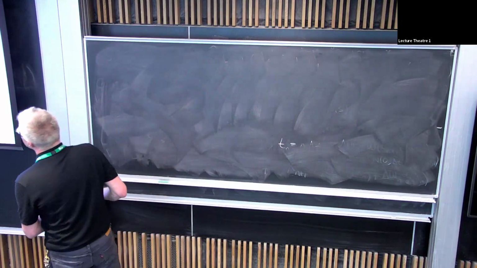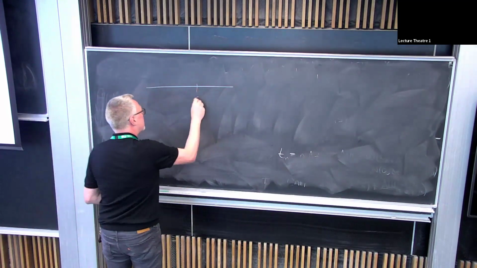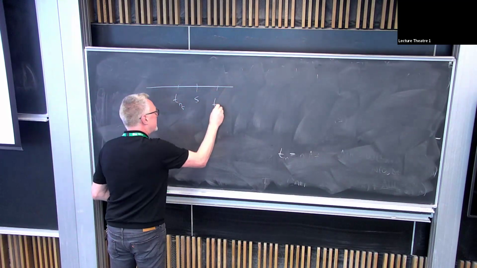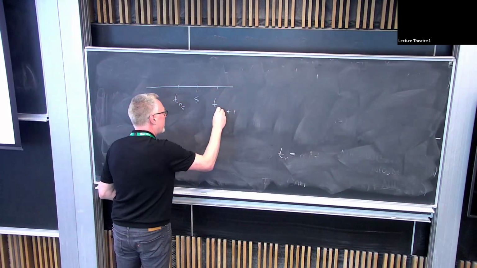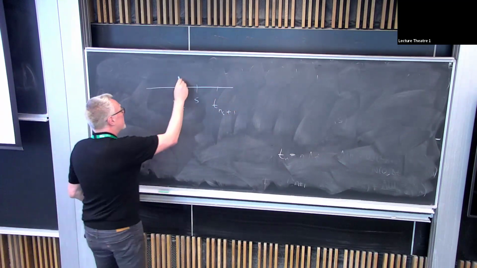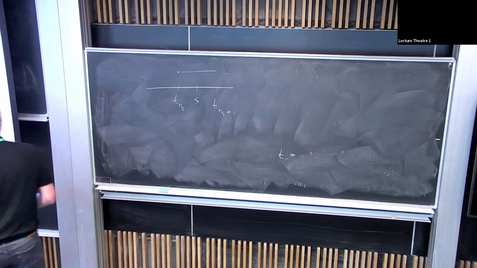So let that be in the interval between, say, t_{n_s} and t_{n_s+1}. It must lie somewhere. And therefore you know which part of the step process we're on.